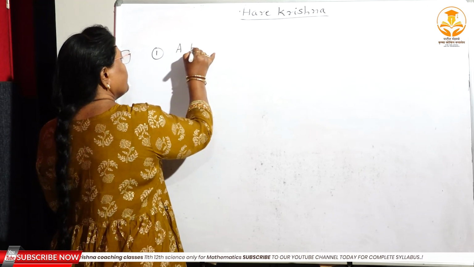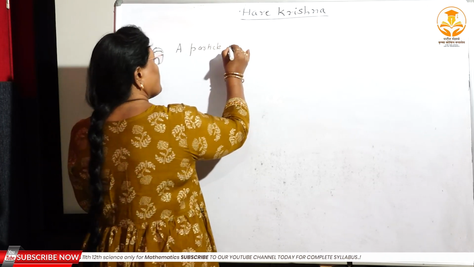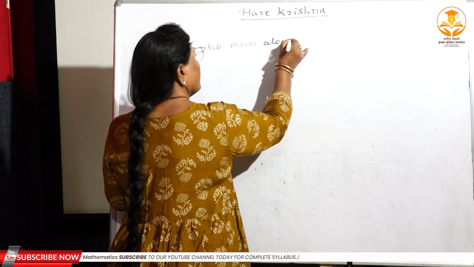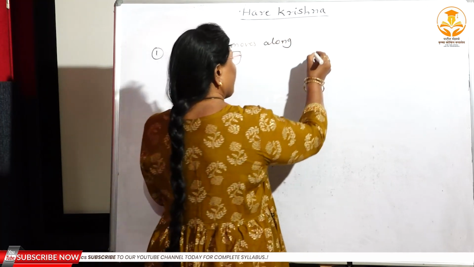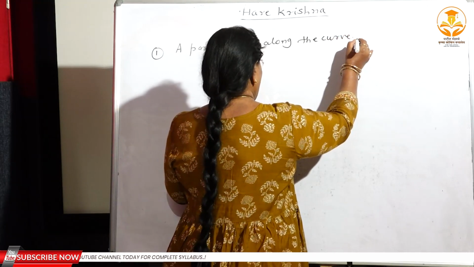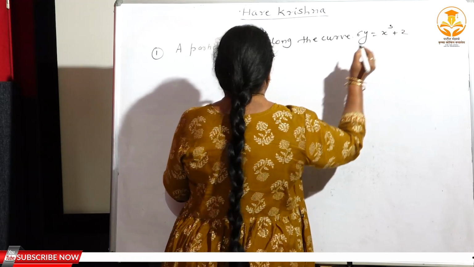Now a particle moves along the curve 6y is equal to x cube plus 2.